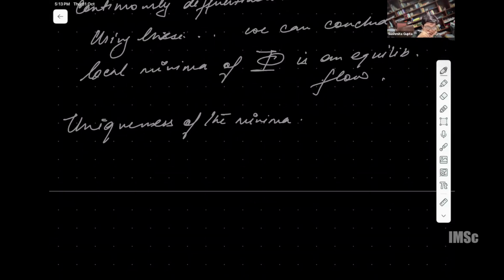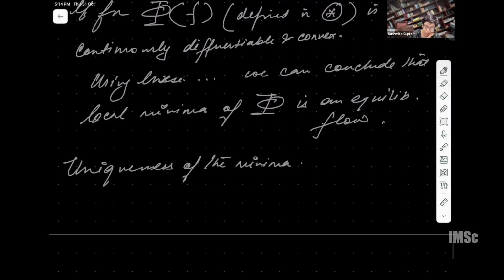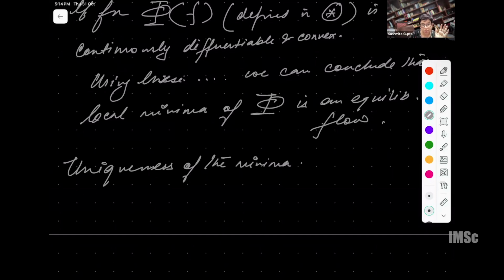Can you say why it follows? Okay, I've already written the local minima of phi is an equilibrium flow. You can use these things and sort of show it, let's say. Suppose it's true.